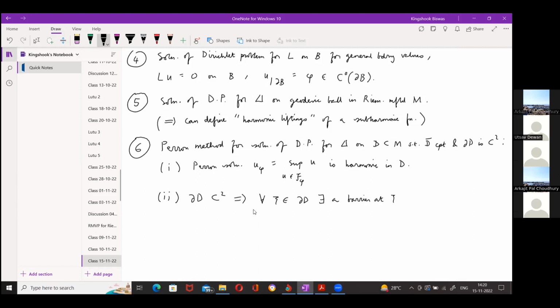So remember, a barrier was a superharmonic function which was positive on D closure minus the point xi and 0 at the point xi, right? So it was a positive superharmonic function whose unique minimum is attained at the point xi, on the boundary. Superharmonic functions satisfy the minimum principle, right? That they attain their minimum on the boundary of the domain.